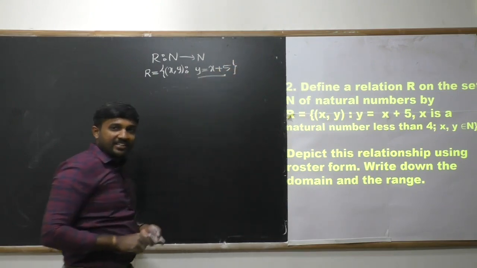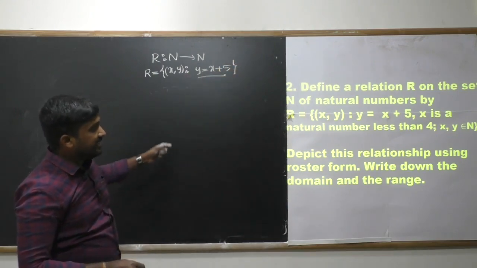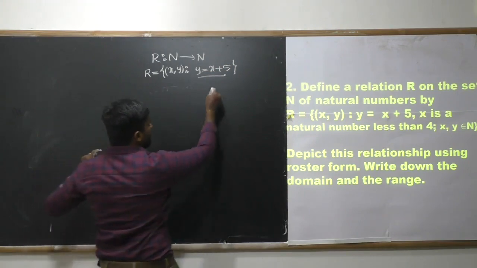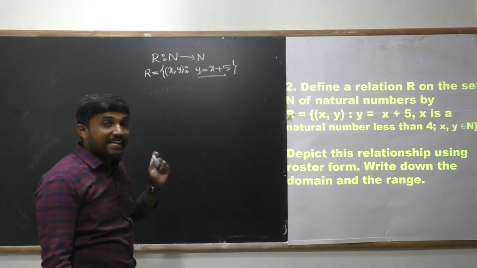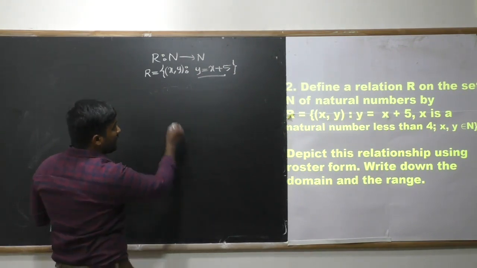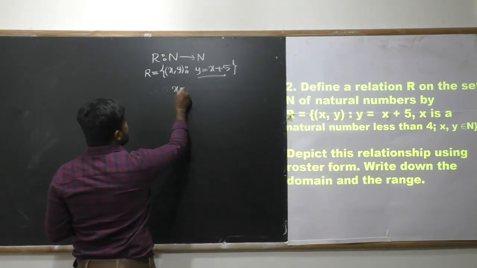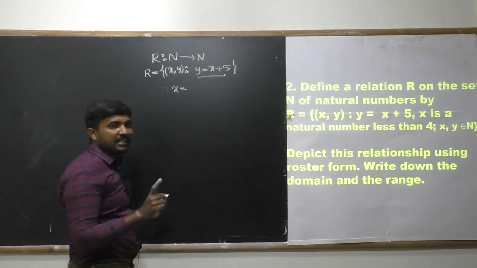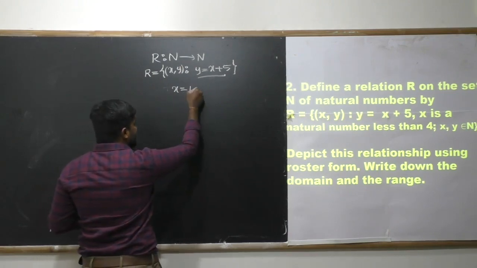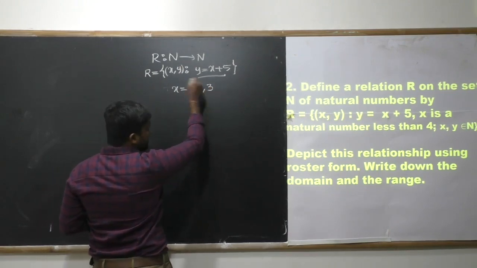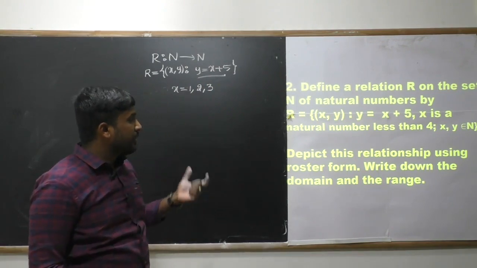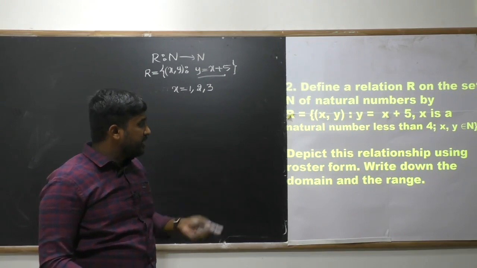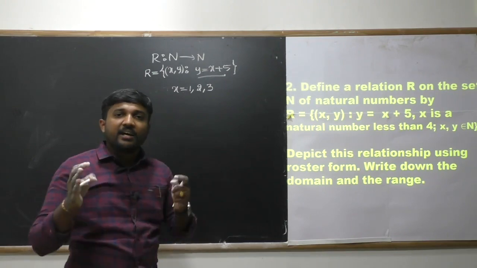This is the given condition. Here, what is x? x is a natural number less than 4. So x is equal to 1, 2, 3. Depict this relationship using roster form. Write down its domain and range.